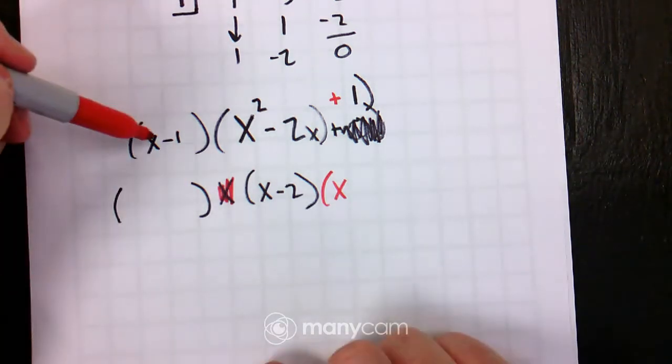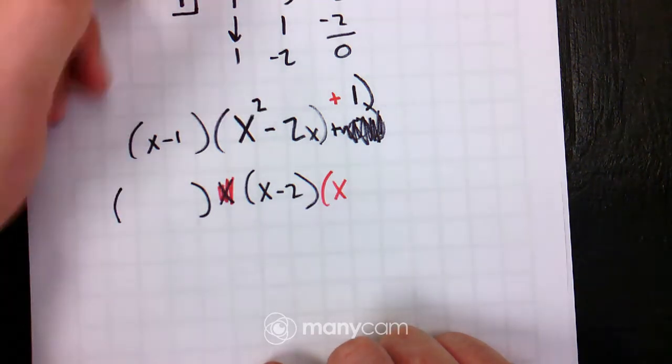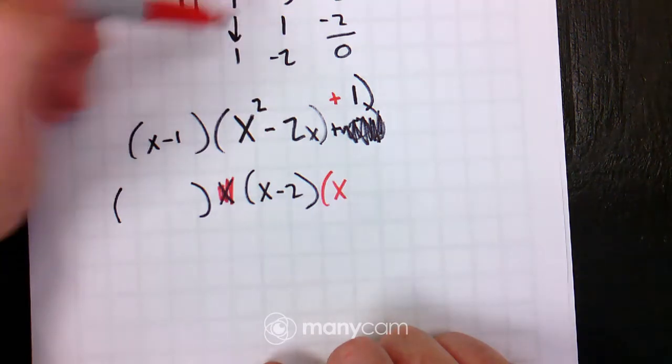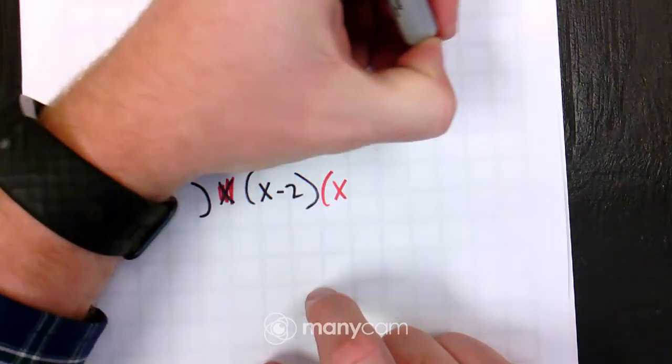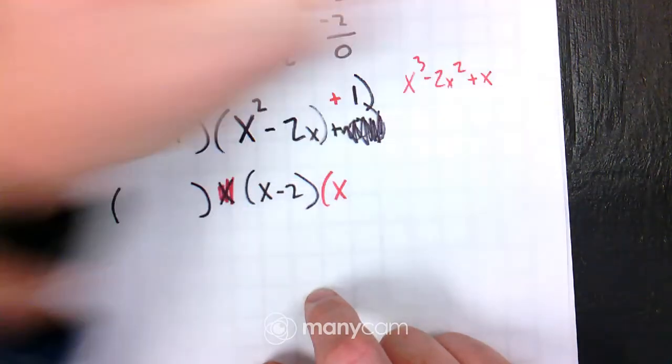So here's what it is. If I take this backwards and multiply it in, I should get this. So let's see. x cubed minus 2x squared. Hold on. Plus x.